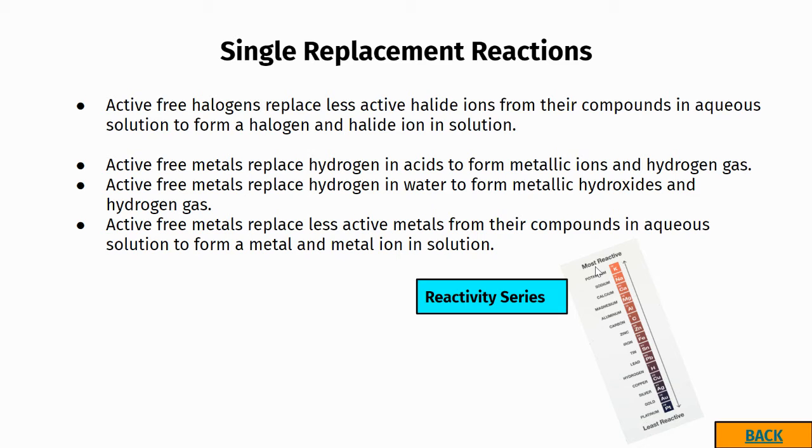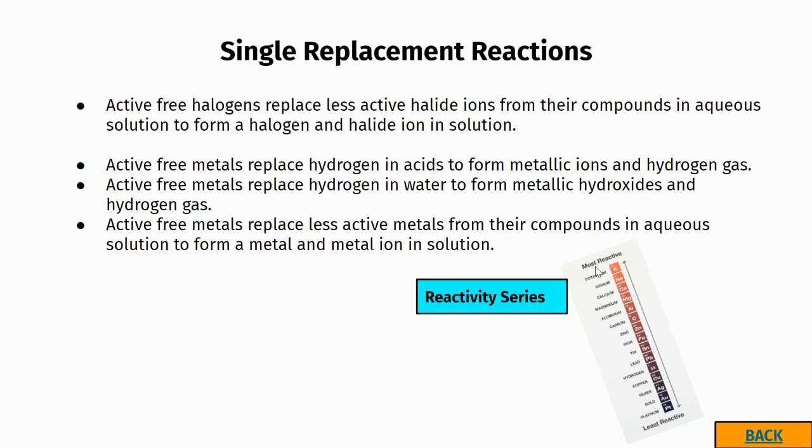A metal replacing hydrogen in water, forming a metallic hydroxide and hydrogen gas. And this came up yesterday when we had lithium replacing the hydrogen in water and forming lithium hydroxide versus lithium oxide.